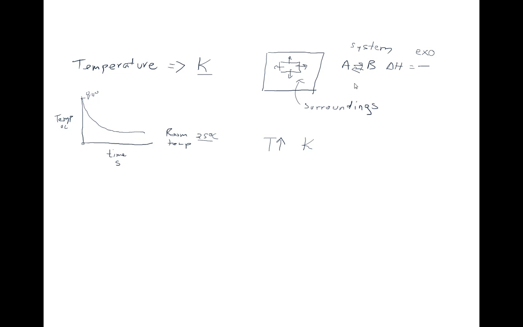All right, so we know the equilibrium expression for this reaction is K equals the concentration of B over the concentration of A. So we change the temperature, which actually changes the equilibrium constant.